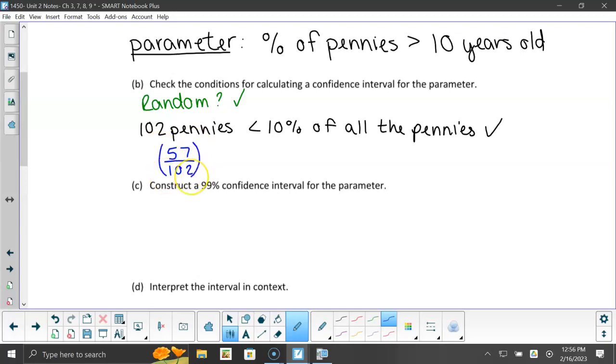That's my p hat. And then I've got to multiply it by my sample size. Is that greater than or equal to 10? Yeah, because the 102s will cancel, and 57 is definitely greater than that. And then I've got 102 times 1 minus 57 out of 102.